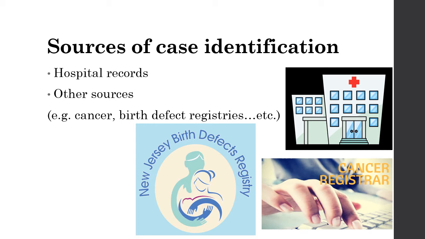Other sources for disease we have mentioned also in case control study could be cancer registries, if you're interested in cancer. That's a special place where they record all people who develop a cancer diagnosis for sure, and you can check which cancer you're interested in and target those.